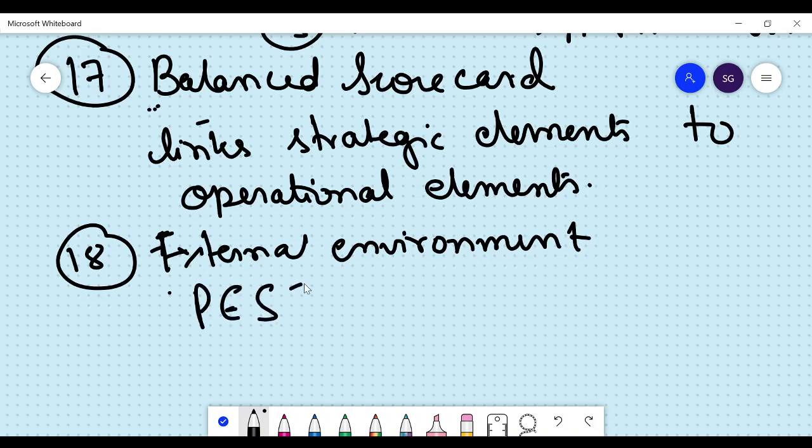Here we are basically talking about PEST. PEST is political environment, which includes tax, regulations; economic environment, which includes inflation, interest rates; social environment, which includes culture, taste; and technological environment, we know what is technology. So it includes all these four factors.